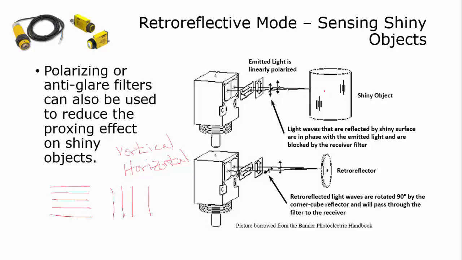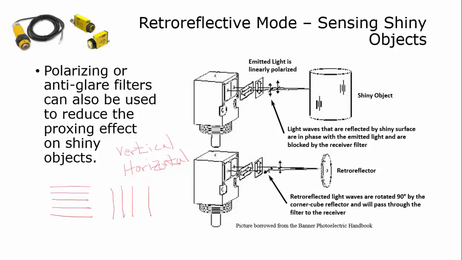So if I've got a shiny object on a retroreflective sensor, when the light comes out, it will be vertically polarized. It reflects off the shiny object. It comes back vertically polarized, but can't get through the horizontal filter, and therefore the sensor won't see it.